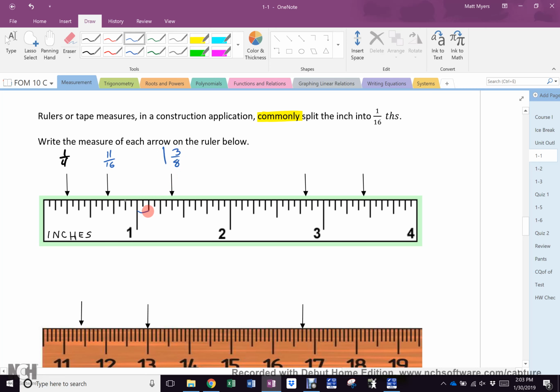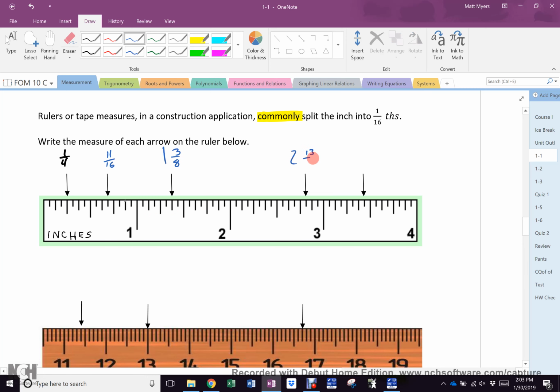Well, 1/8, 2/8, 3/8. Oh, it's like the mixed fraction. Yes. They're equivalent fractions. 2/16 is 1/8. 2/8 is 1/4. 2/4 is 1/2, and 2/2 is 1 whole.